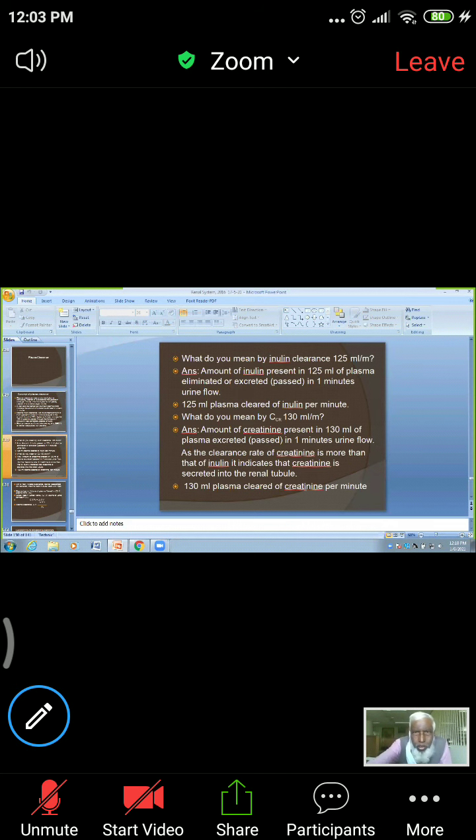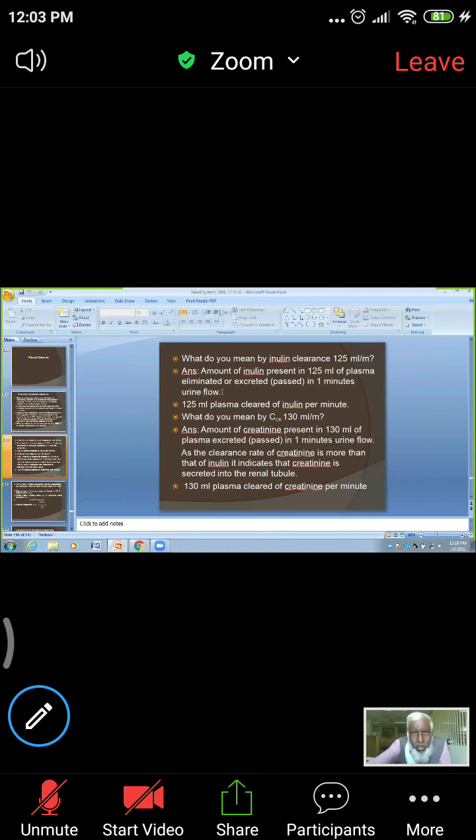Next, we frequently ask one question in the exam: what do you mean by inulin clearance 125 ml per minute? This means the amount of inulin present in 125 ml of plasma is eliminated or excreted in 1 minute's urine flow.